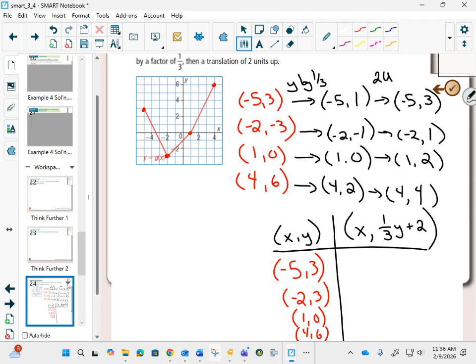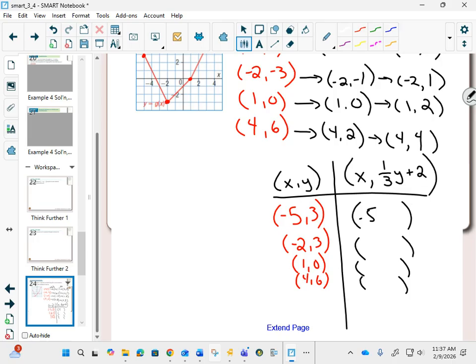On my new graph, my x's are not going to change, because x stayed x. And then I have to plug in 3 for y, for my first one. 1/3 times 3 is 1, plus 2 will give me 3.